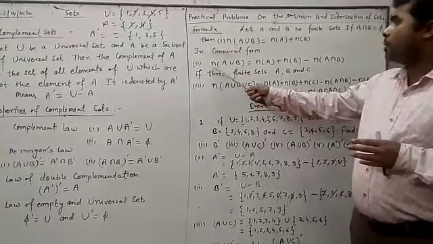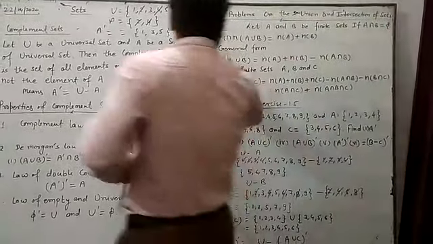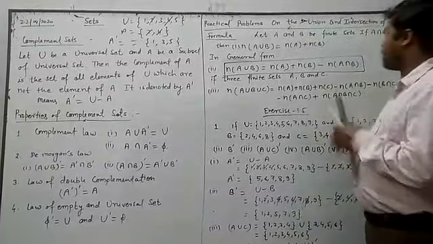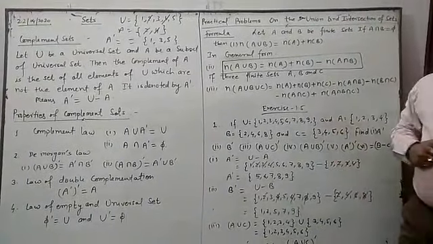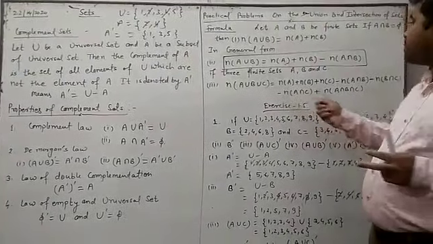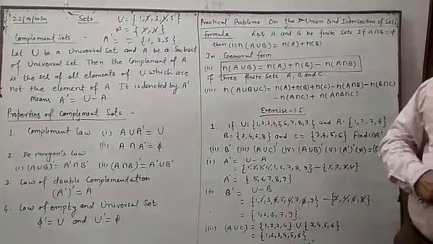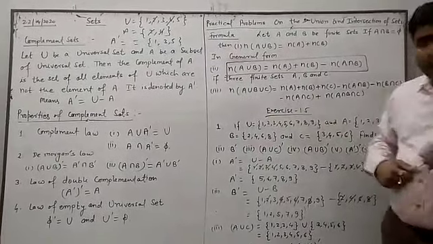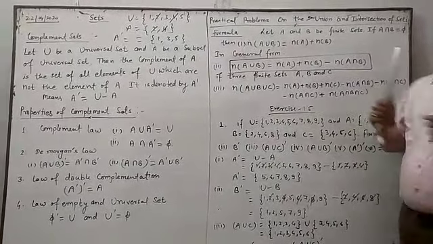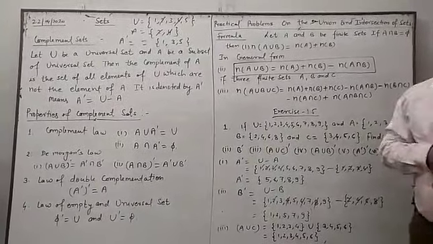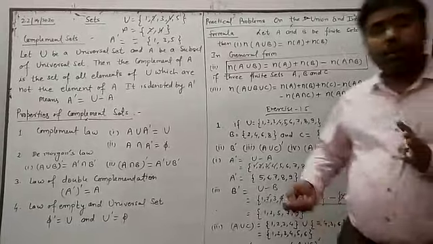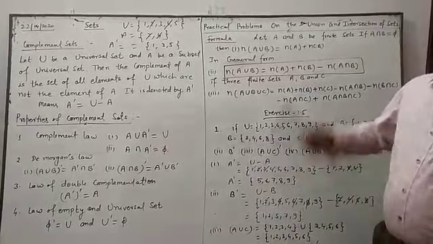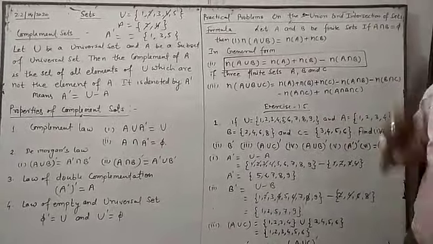And in general form, the number of A union B is equal to the number of elements in set A plus the number of elements in set B minus the number of elements in A intersection B. For three finite sets A, B, C, the formula is: number of A union B union C is equal to n(A) plus n(B) plus n(C) minus n(A intersection B) minus n(B intersection C) minus n(A intersection C) plus n(A intersection B intersection C).